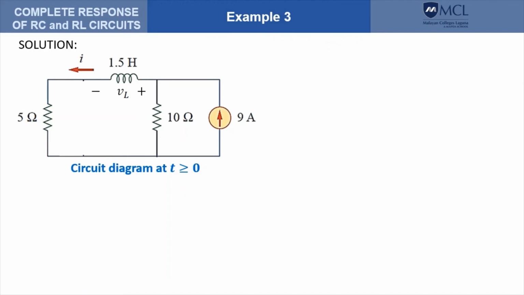To determine I, we cannot use the formula for the series RL because the circuit is not a series RL. But we can do source transformation to convert this part into a voltage source. So that should give us a circuit that should look like this if we are to convert that.